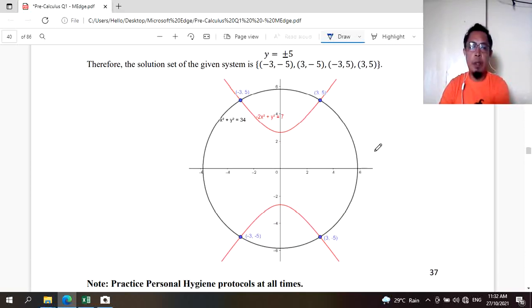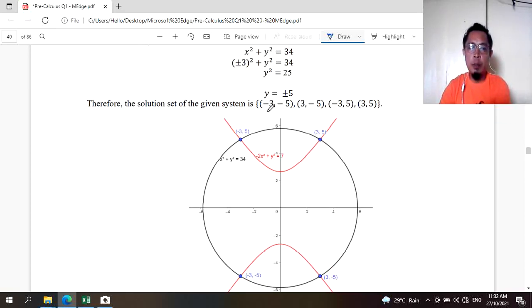Graphically, if we look at the graph, we have the intersections, four points, wherein the solution that we have here is being revealed. We have negative 3 and 5, 3 and 5, negative 3 and negative 5, and 3 and negative 5.